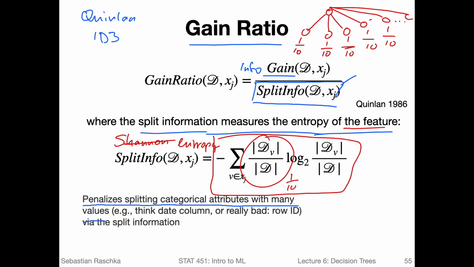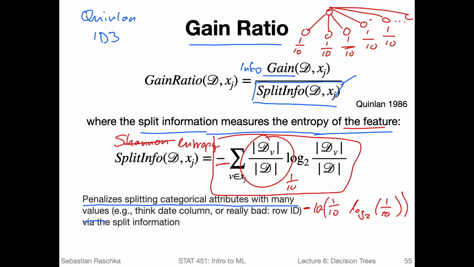So what we have then for each child node, for the split info, is 1 over 10 times log 2 of 1 over 10, and then the minus here, and we have that at 10 nodes, so we can just multiply this whole thing by 10, right? So instead of having the addition, we just add it up 10 times, and because it's negative, we subtract it 10 times.